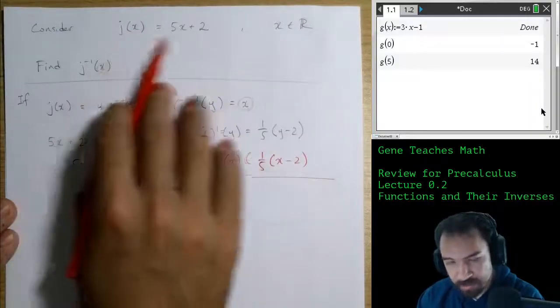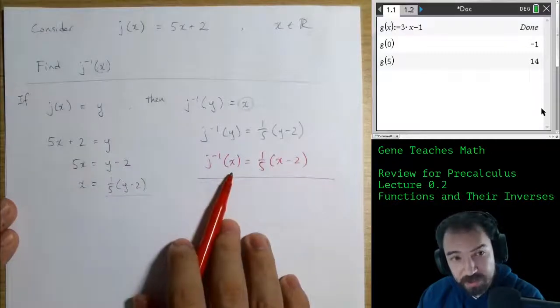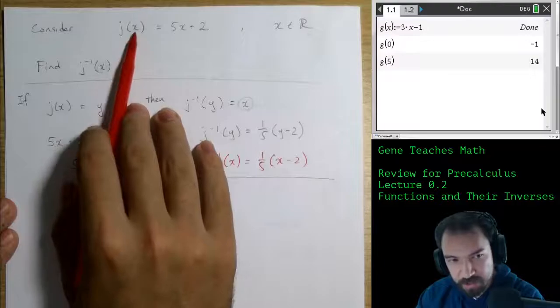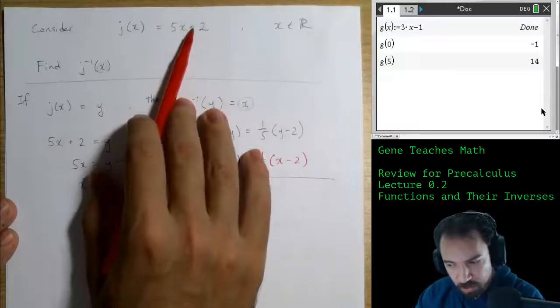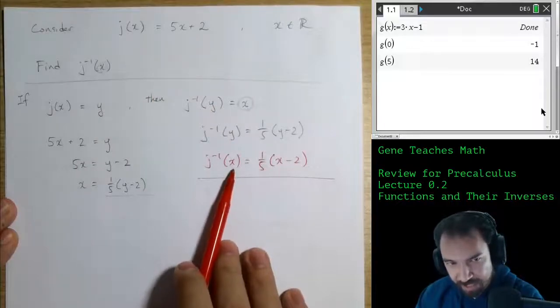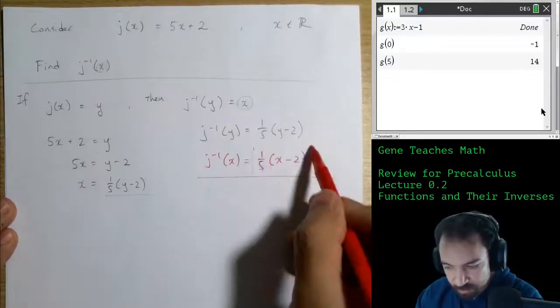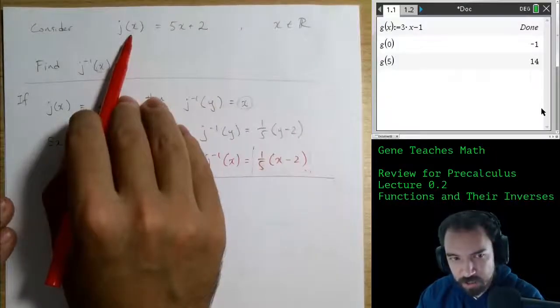So the x in this line is not going to be the same as the x in this line because they represent different ideas. Over here, the x is the input of j, and 5x plus 2 is the output of j. Over here, the letter x is the output of j, because we're working backwards. And then this expression is going to be the associated input of j.